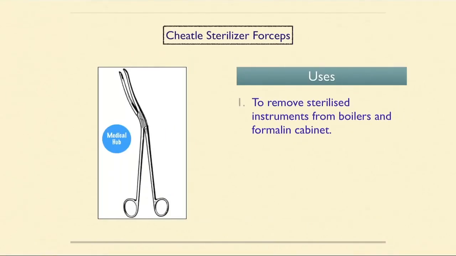So let's start. This is Chittle sterilizer forceps. It is used to remove sterilized instruments from boilers and formalin cabinets.